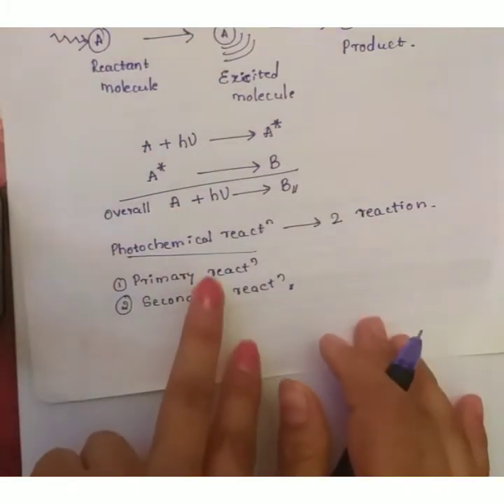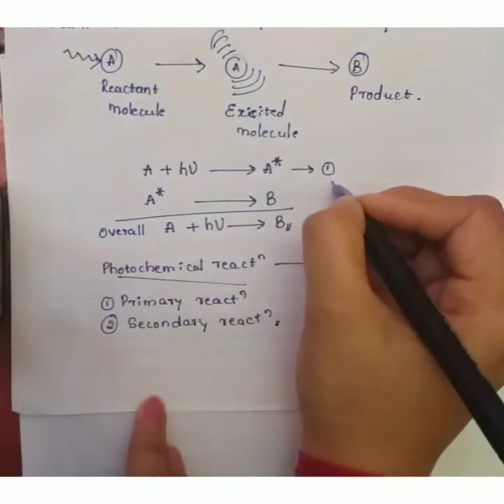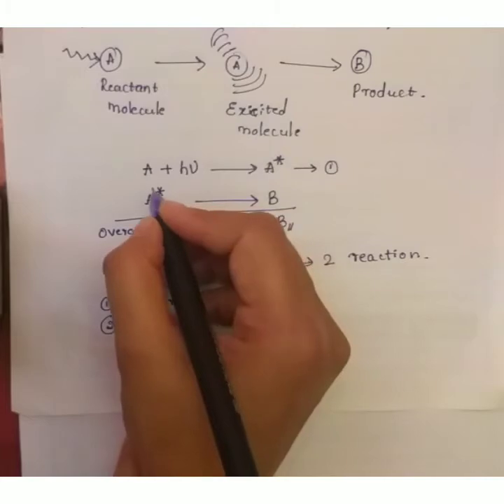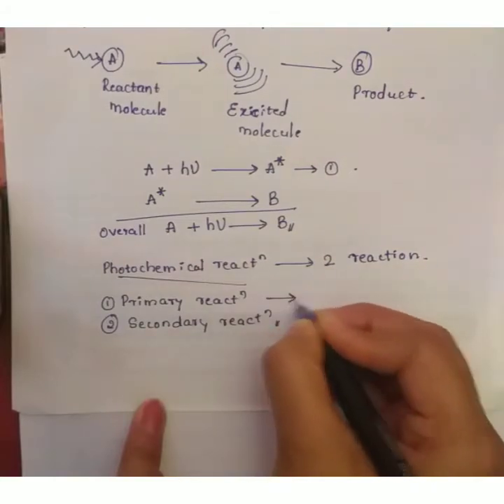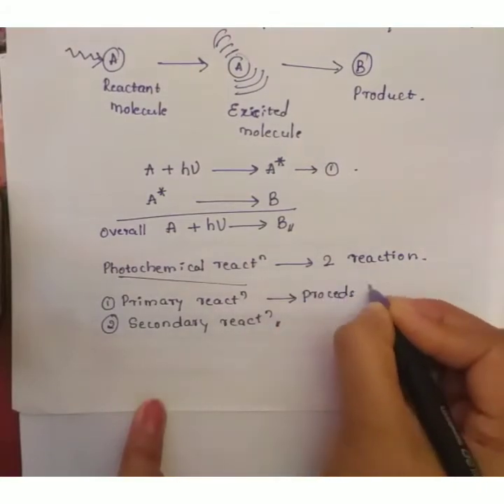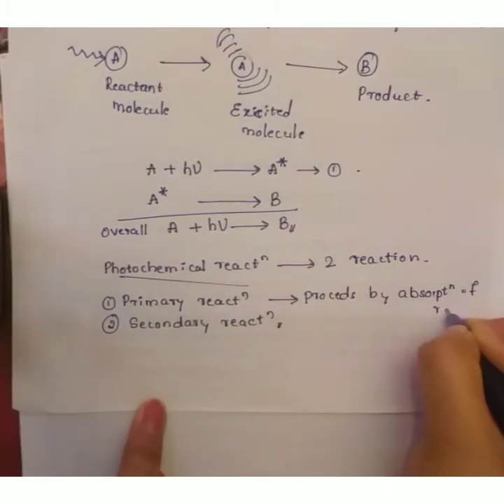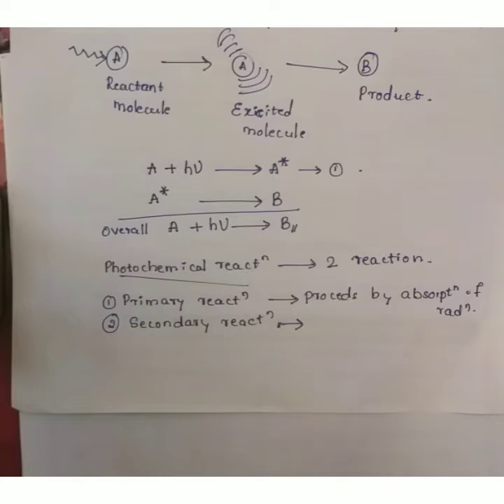What do we mean by primary reaction? Primary reaction, which we call step 1, is the reaction that proceeds by the absorption of light or radiation, whereas secondary reactions are thermal reactions which occur subsequent to the primary reaction.